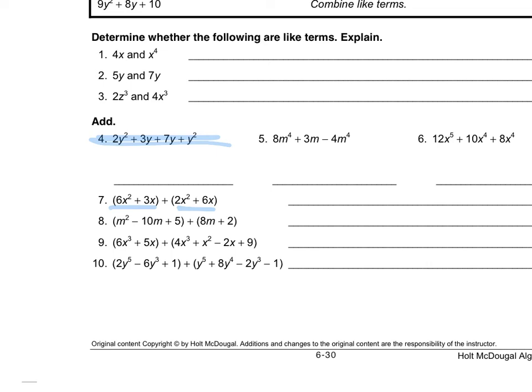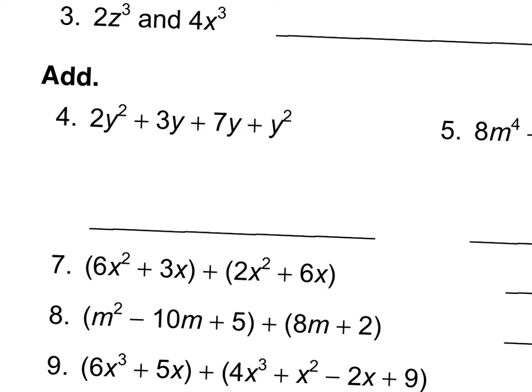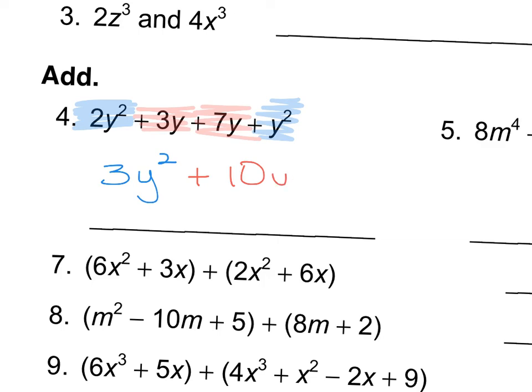So for example, on number 4, the terms that I could group are going to be, I can group the 2y squared with the y squared here, getting 3y squared. Then I can go back and group the 3y and the 7y, giving me 10y.